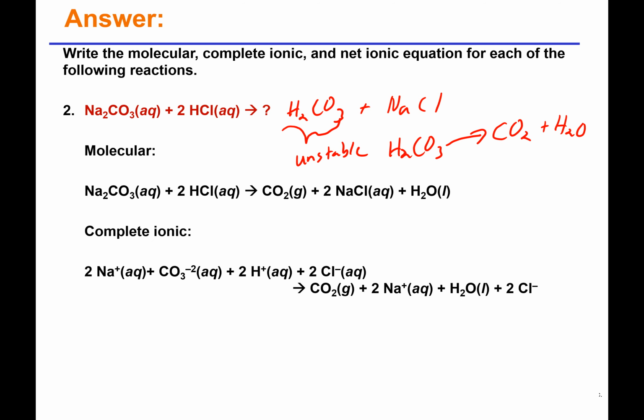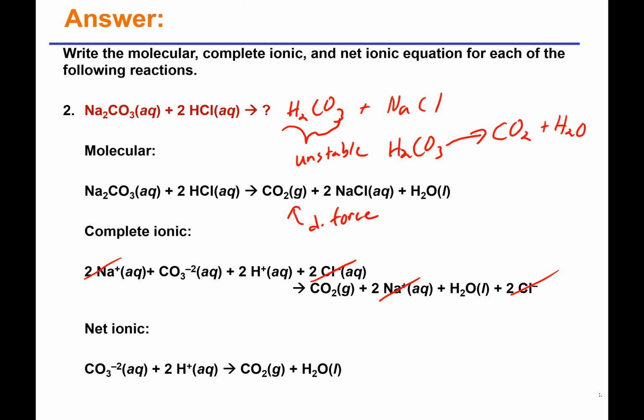Okay, so for your complete ionic, again, just break everything into ions that can be. So notice this time, the only thing that can't be broken into ions is our gas. If you were to ask the driving force for this reaction, this would be your driving force. Okay, and if I remove my spectator, sodium, carbonate I can't remove, H plus I can't remove, but I can remove chloride and chloride.